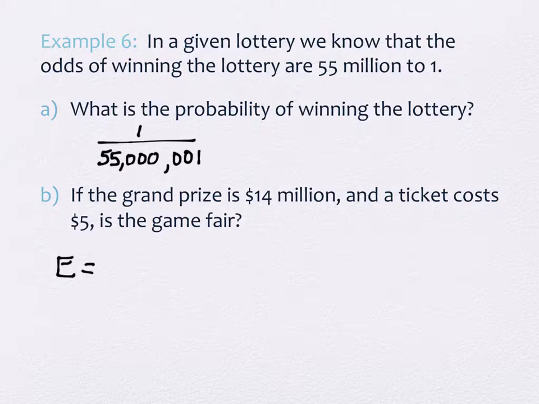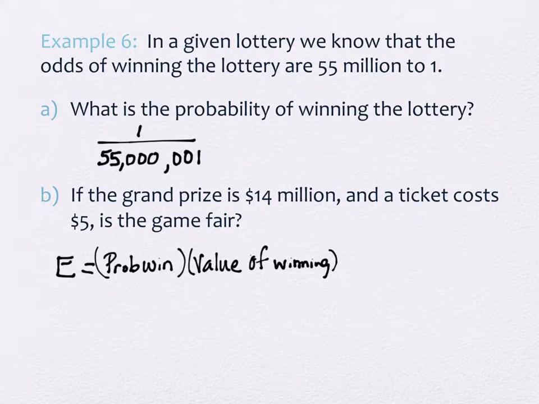Okay, so we would have the probability of winning times the value of winning, and then added to that, we would have the probability of losing and the value of losing.